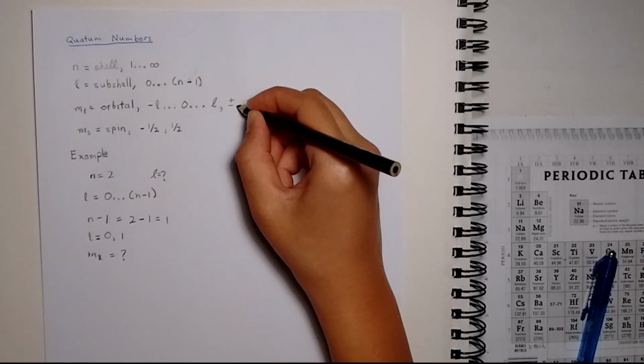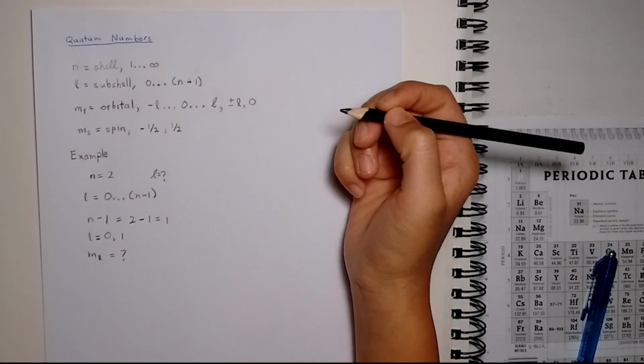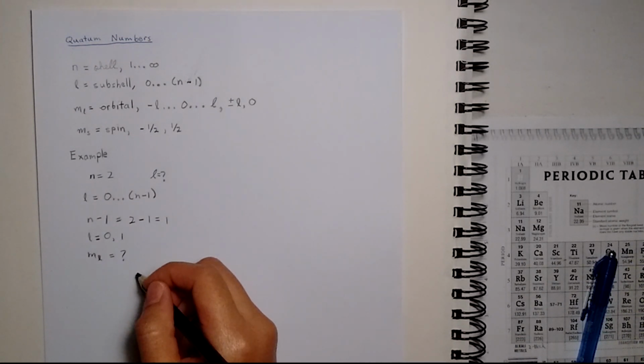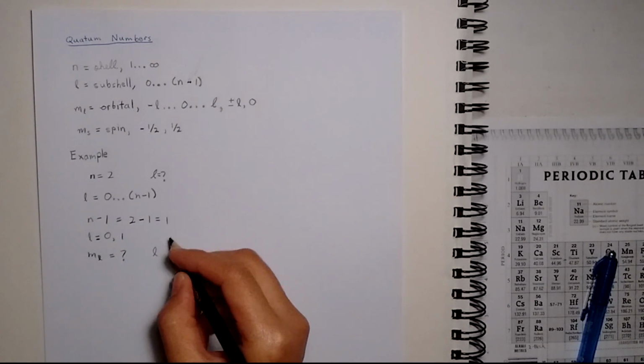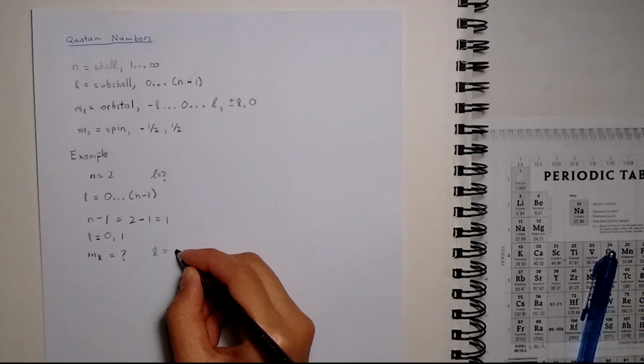Here I just wrote the other way that you might see it, where they put a plus and minus sign together in front of L, and then a comma and 0. That means the same thing. You have to include the negative and positive form of L and include 0.